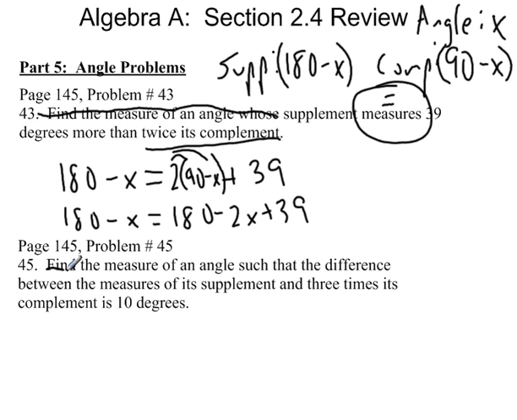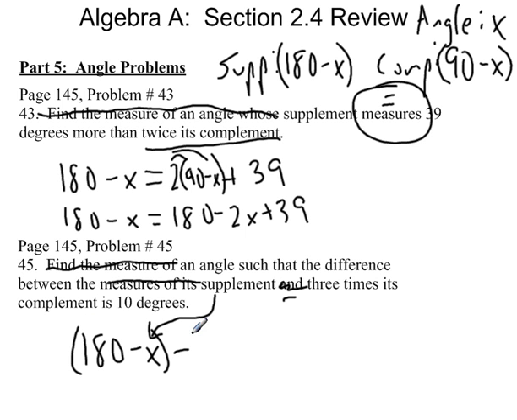I want an angle in which the difference, that's a subtraction problem, between the supplement, which is 180 minus x, and 3 times its complement, that's going to be 3 times 90 minus x, equals 10.